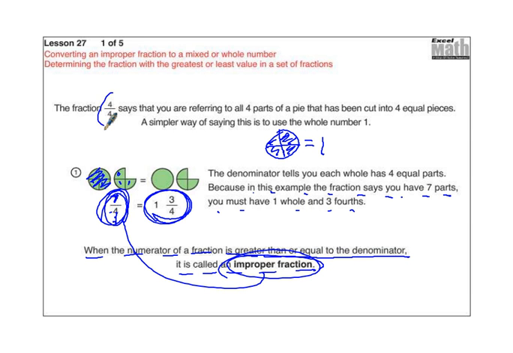So 4 fourths is an improper fraction, 7 fourths is an improper fraction, 12 thirds is an improper fraction, 8 sixths is an improper fraction. Anything where the top number is the same size or larger than the bottom number, or the denominator. And remember, this is called a mixed number because I'm mixing whole numbers with fractions. They're mixed together. Whole number, fraction, that is a mixed number.